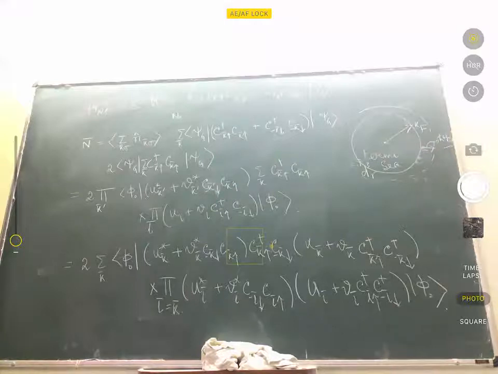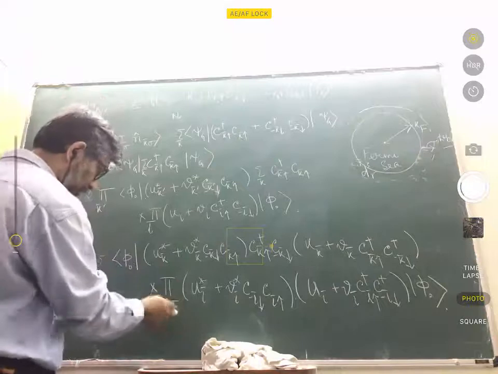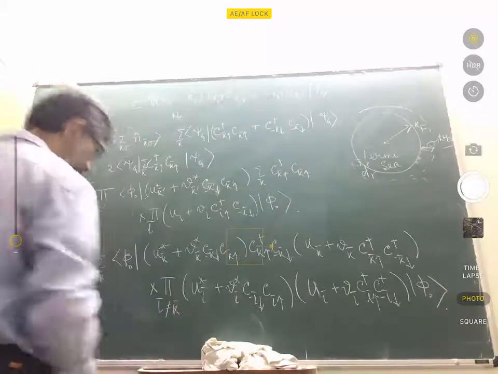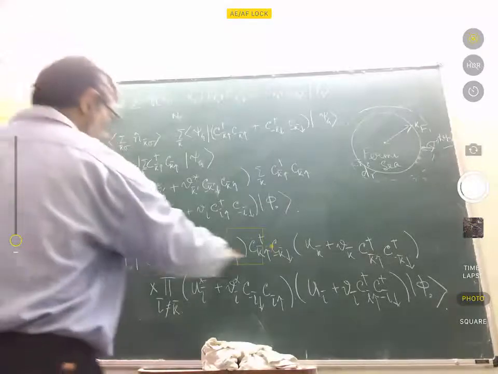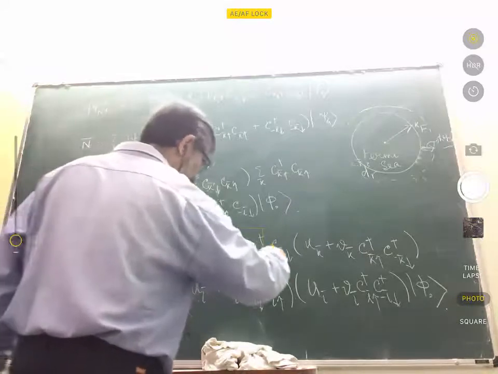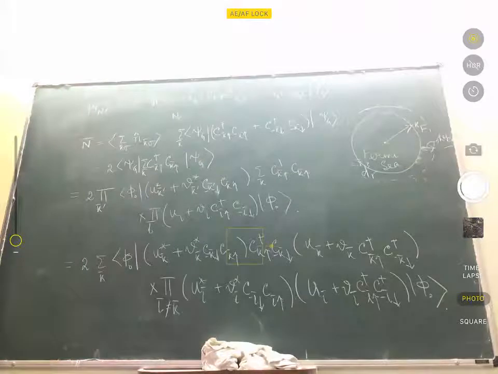So we have to look at two factors differently. This is k not equal to l. So the l not equal to k factors will be looked at separately, and then where this index is the same as this index will be looked at separately.